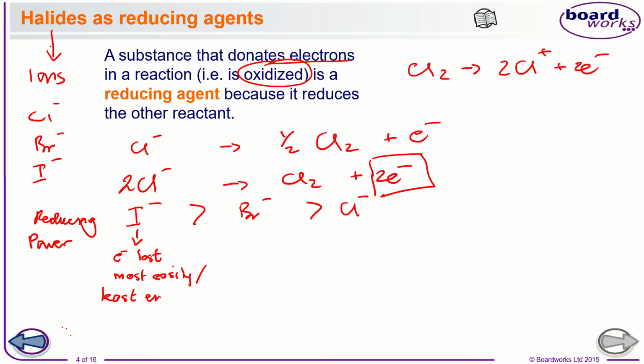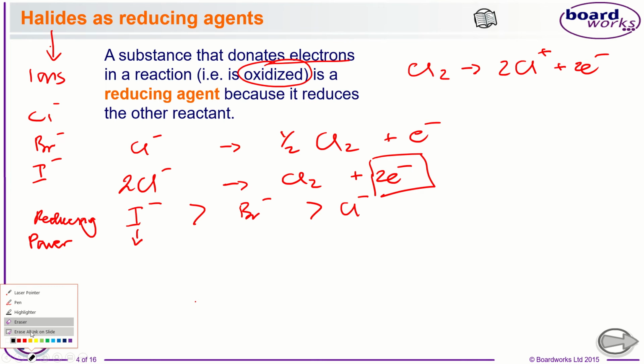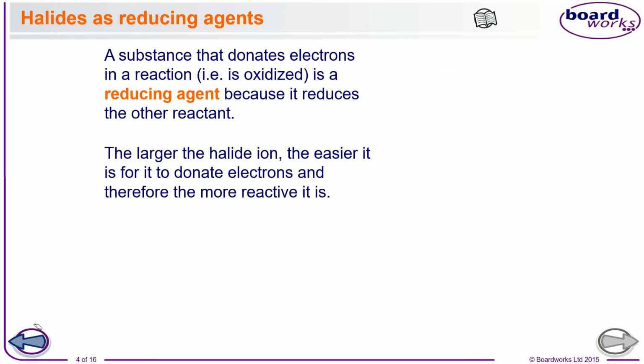That is why iodide is the strongest of all the reducing agents. The next question, then, is why is iodide the strongest in terms of it being a reducing agent? Well, where does the electron in iodide reside? Where does the outer electron, the electron that it's going to be losing, sit? It's its very outermost electron.